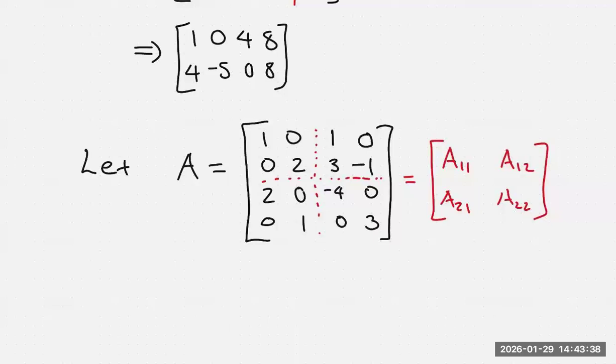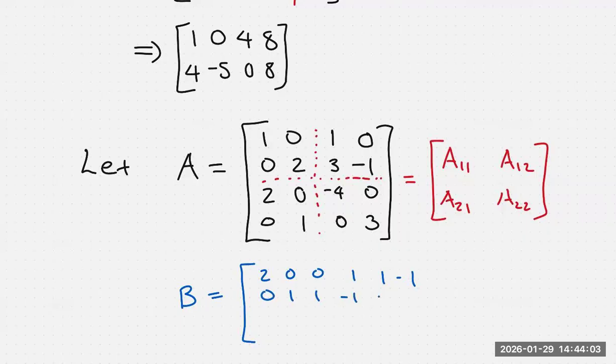Let's call it B. And B is a 4x6. So it's 2, 0, 0, 1, 1, negative 1, 0, 1, 1, negative 1, 2, 2, and 1, 3, 0, 0, 1, 0.